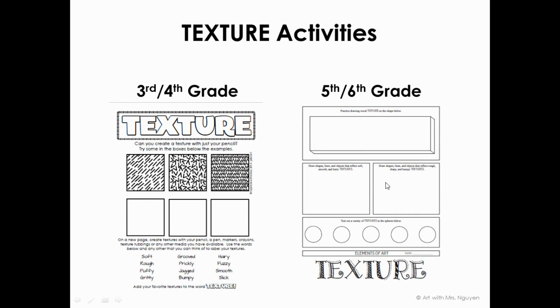And then over here, kind of the opposite types of textures, trying out some things that might appear rough, sharp, or bumpy. At the bottom here, it says test out a variety of textures in the spheres below. And again, on the front of this texture paper, which you should have either printed out or I gave it to you, you'll see some samples that you can draw ideas from.